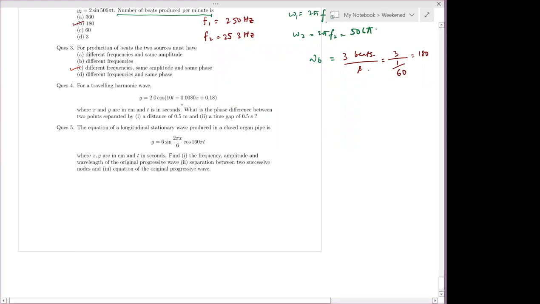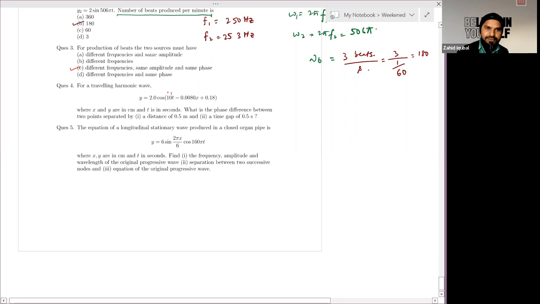Now in question number 4, we have coefficient of T 10, coefficient of X, and this is constant term, which is initial phase. We have to calculate phase difference. Last class I defined you how to calculate phase difference.